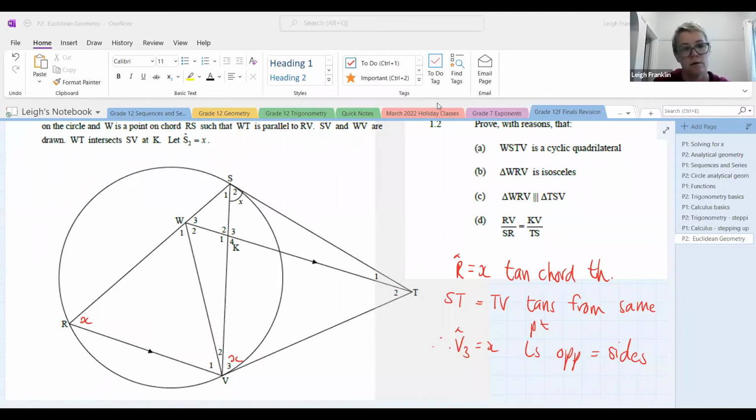Okay. So there we go, Kutlwano. Lovely. Okay, everybody look at what Kutlwano said. W3 is equal to R because they are corresponding. W2 equals V1. We don't know how big V1 is because of alternate angles. But look here, look at the corresponding angles.